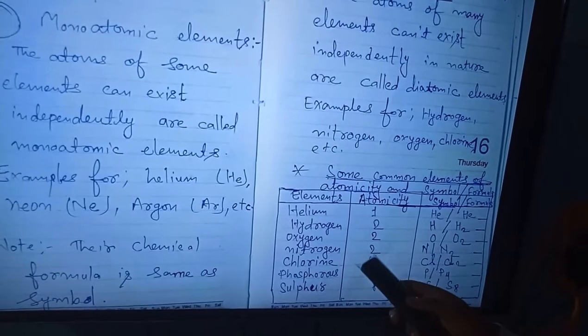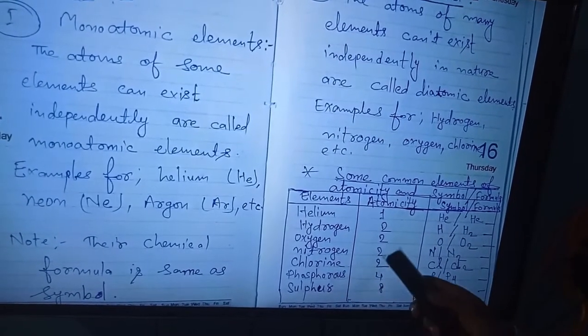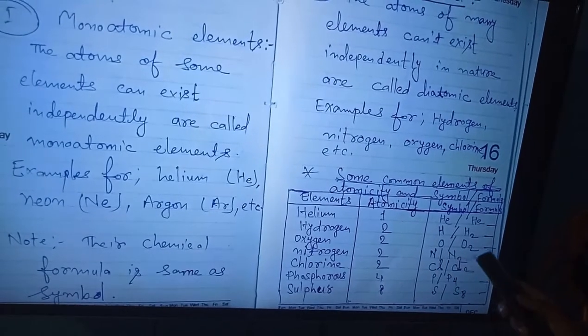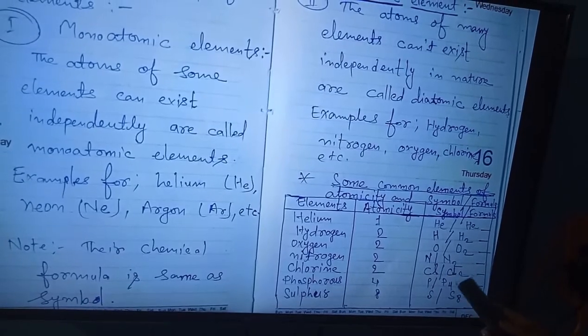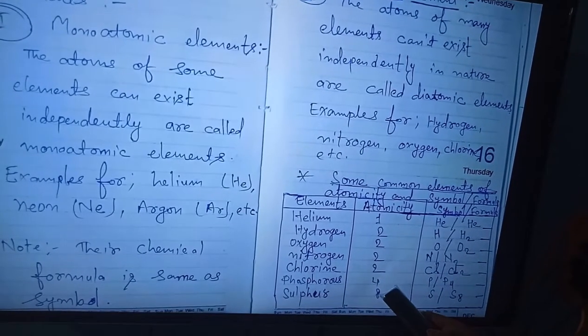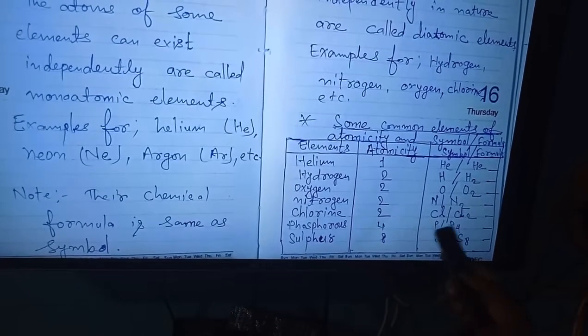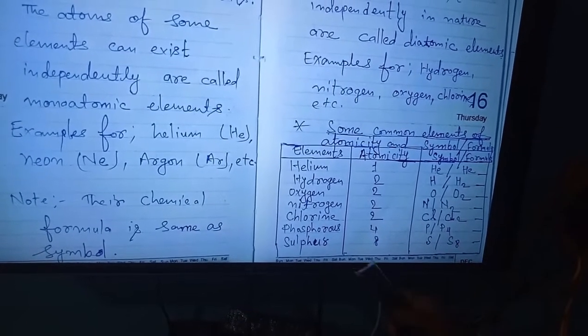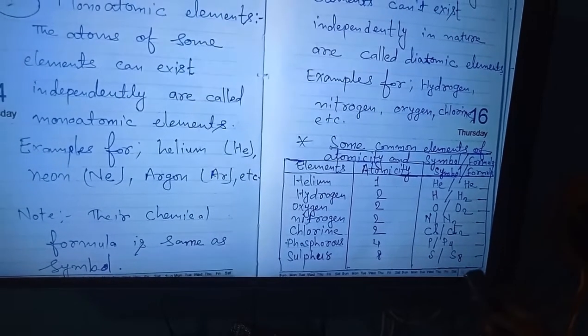In this way, hydrogen 2, H, H2, oxygen 2, O, O2, nitrogen 2, N, N2, chlorine 2, Cl, Cl2, phosphorus 4, P, P4, sulfur 8, S, S8.